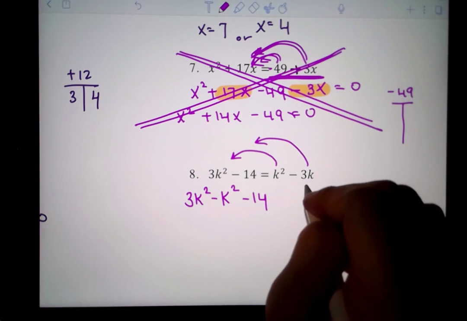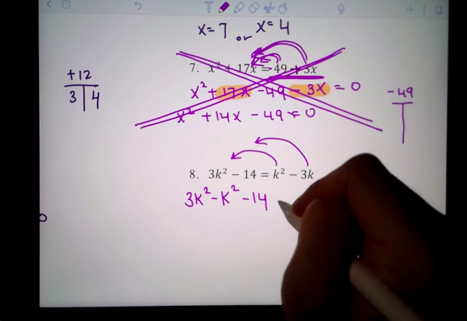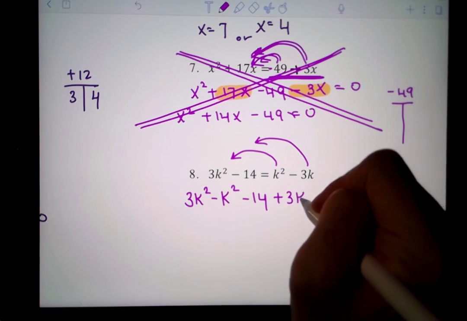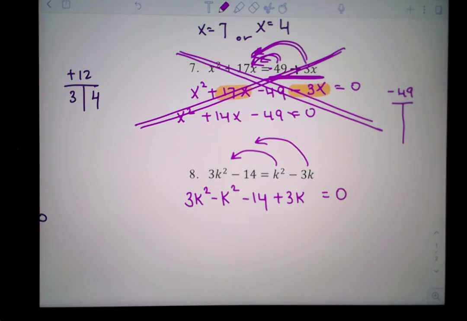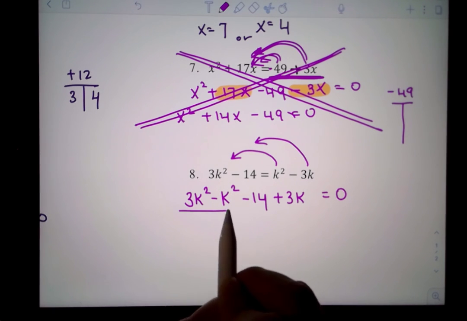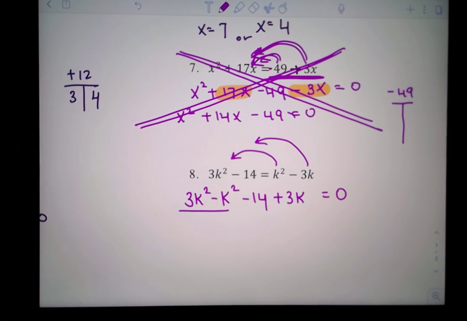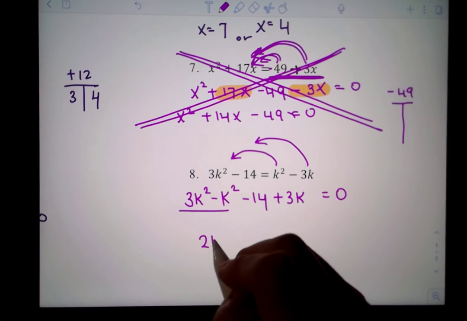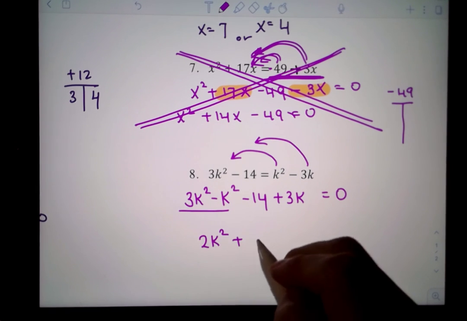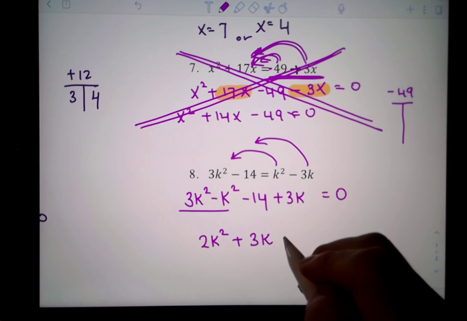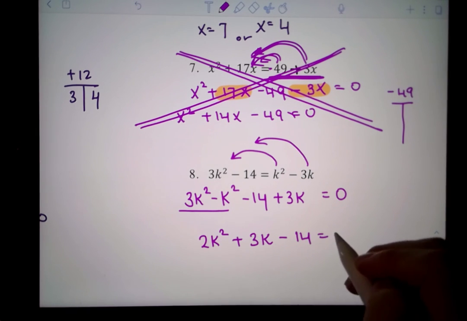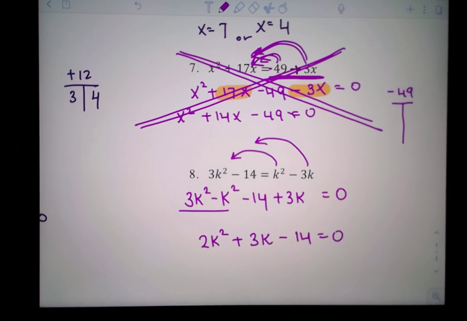Then that was minus 3k. So when you move it, that turned to plus. And you have only 0 on the right side. And let's combine the like terms. 3 minus 1, 2k squared plus 3k minus 14. Right?